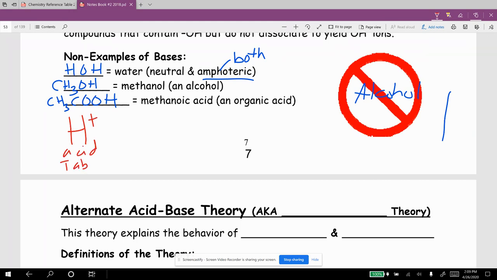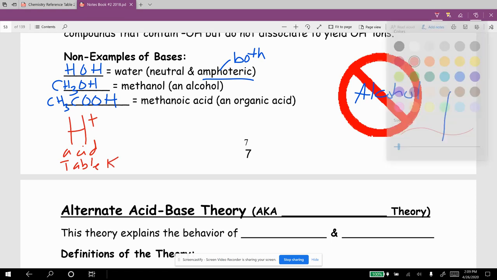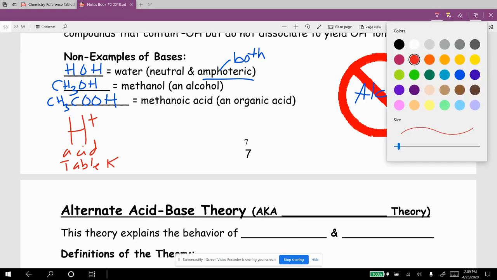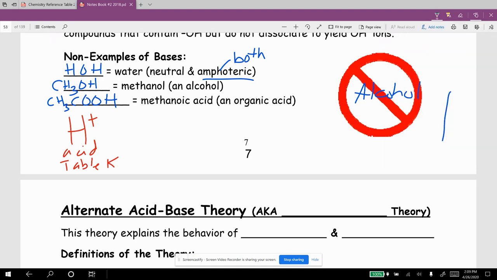Acids are located on table K. And now I'm going to add them together. Let's use green. We'll add these together. And we have a base, which is our OH minus, the hydroxide, which is the base. This is listed on table L.